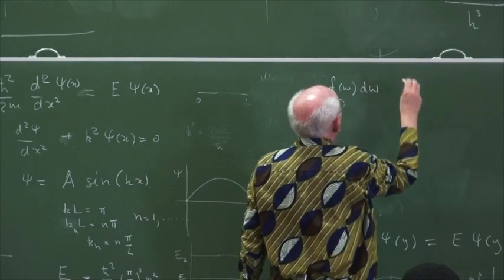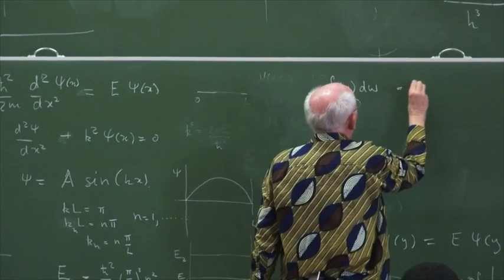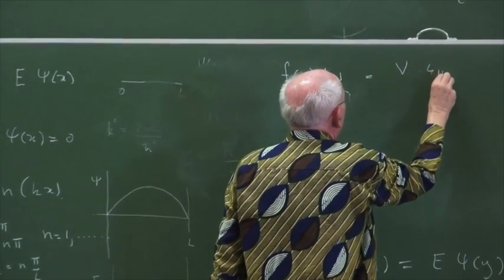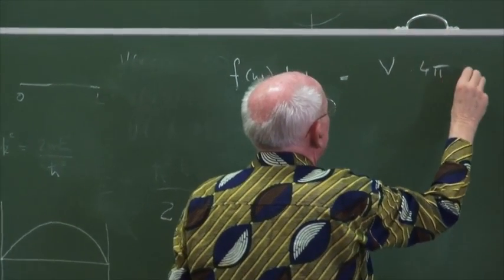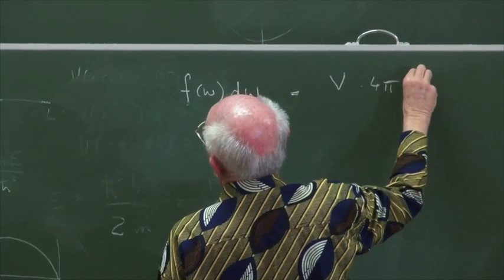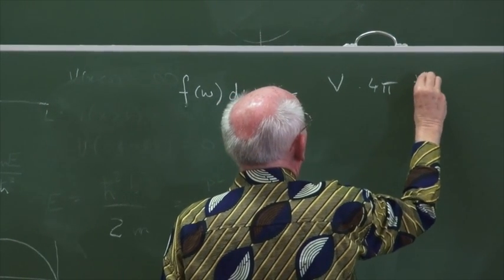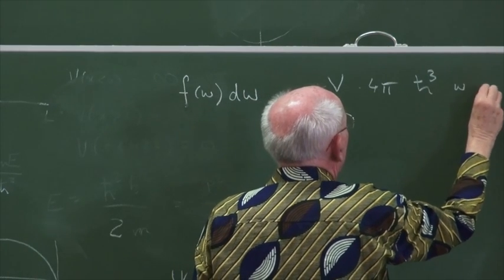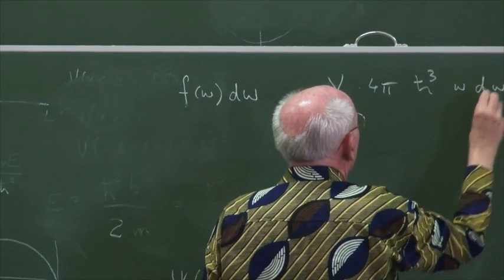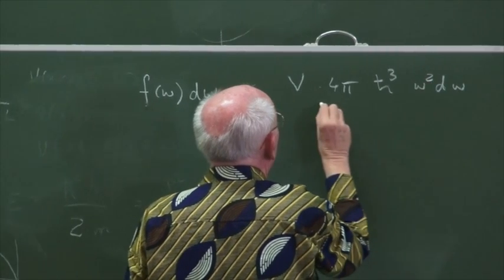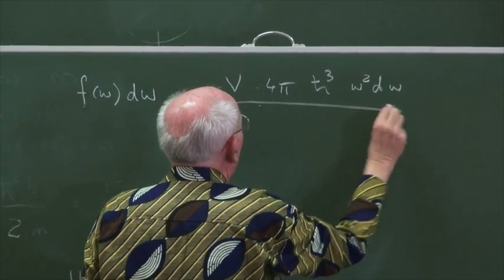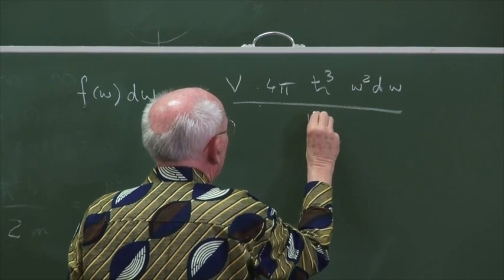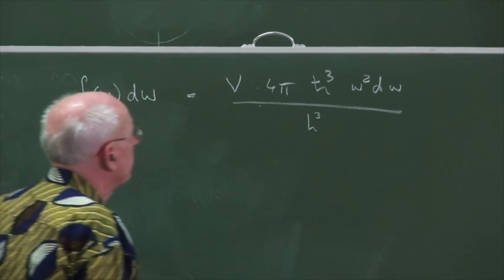So it is this equation here, which is V times 4 pi, and then I will get h bar to the power 3 omega d omega squared over h to the power 3, but this is another h.